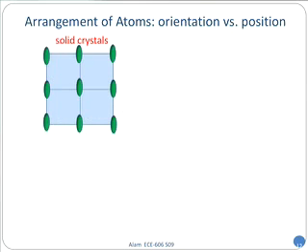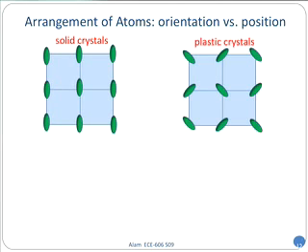Now, that's material. But equally important to material is the arrangement of atoms. In solid crystals, the atoms are in specific positions and with specific orientation. It is possible to have specific positions but random orientation, like in a plastic crystal, which doesn't conduct as well. N, as you'll be seeing, is significantly lower compared to solid crystals.